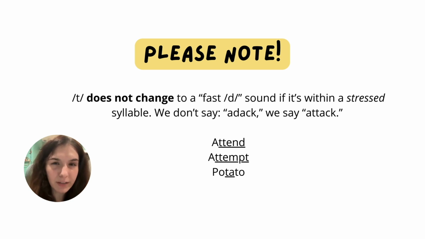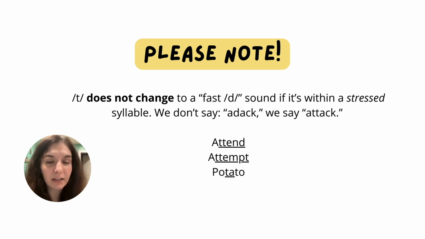Now, it's important to note two things. The first thing is that the American T will not change into a fast D sound if it is inside a stressed syllable. For example, we don't say "adack," we say attack, because the T is inside the stressed syllable. It's the same with attend or attempt or potato.